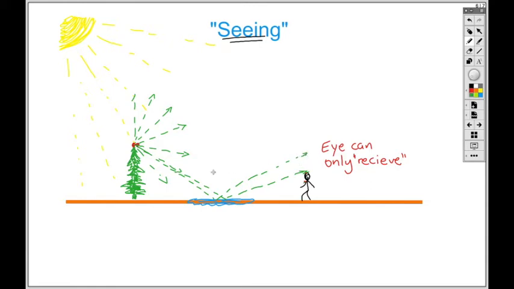This one, it missed you, no big deal. But let's look at another ray that maybe ends up in your eye also. Stressing this idea again, your eye can only receive light into it. So your eye and your brain together are going to construct a location based on where the light came from for this point of the tree to exist.